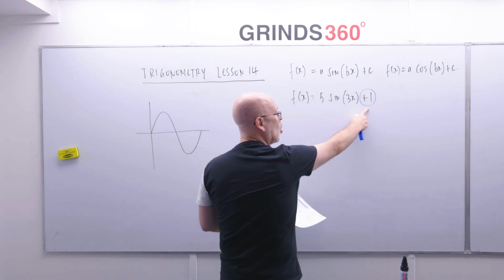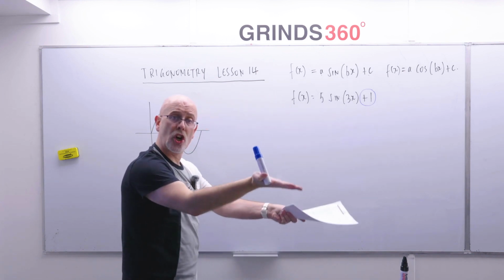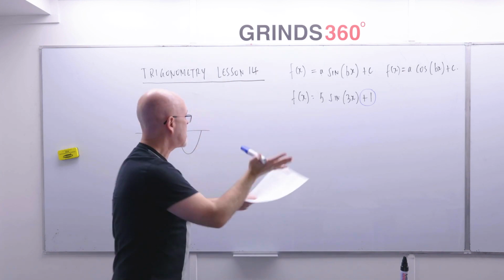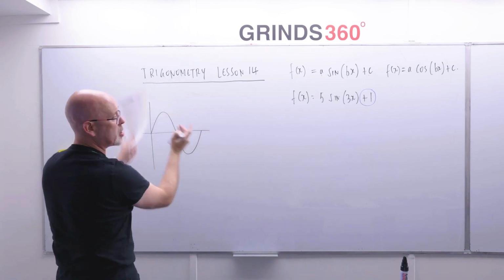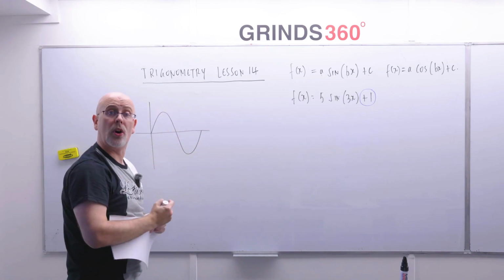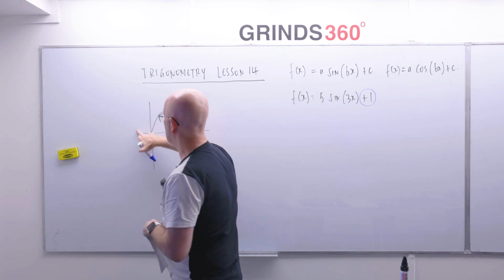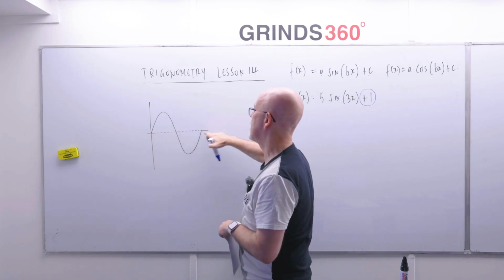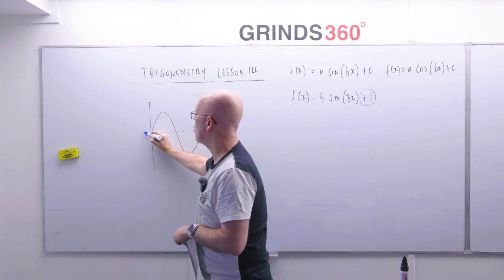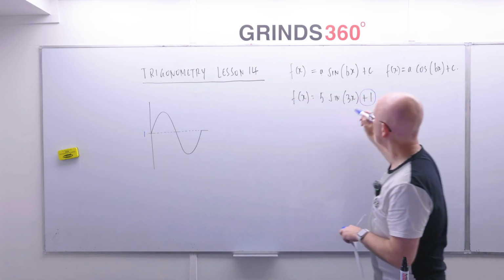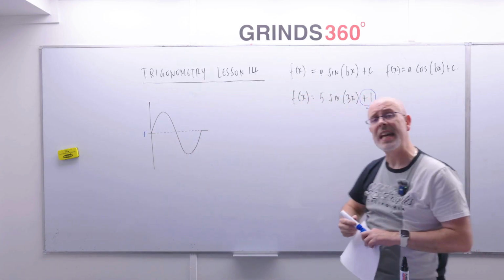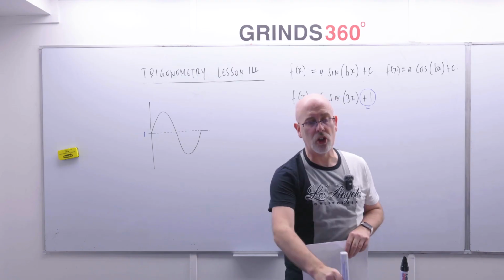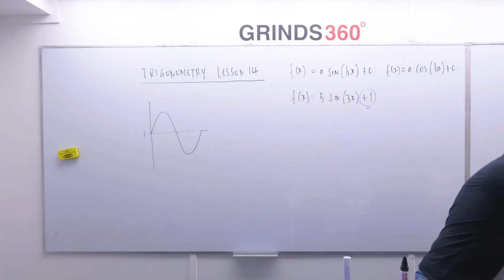If you add 1 to the function, you move the whole function up 1 unit. So 0 is not in the middle anymore, 1 is. Whatever the center line is, that's going to be 1 in this case. So the constant is the center line of your graph, and I would look at that first.